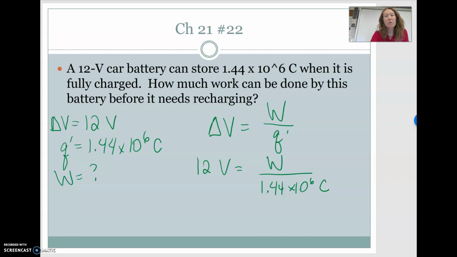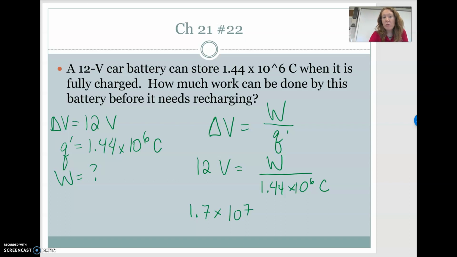So then we get a huge number. Now we're going to round this to 2 sig figs, 1.7 times 10 to the 7th.